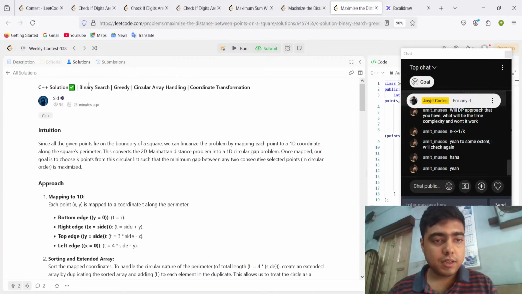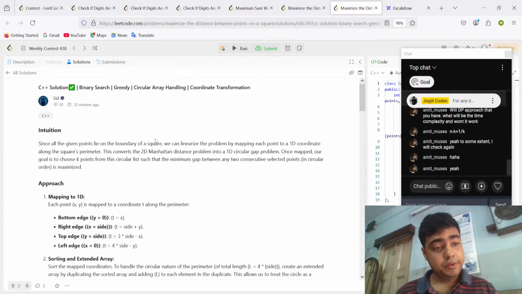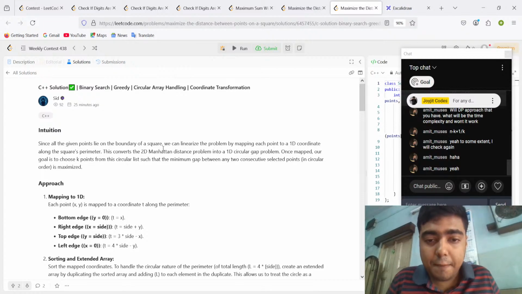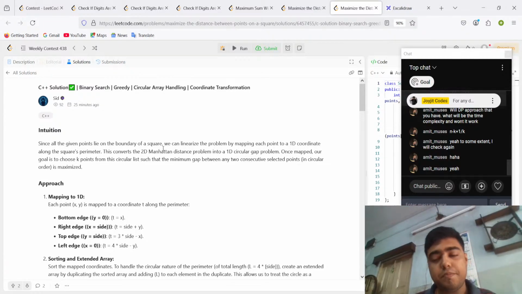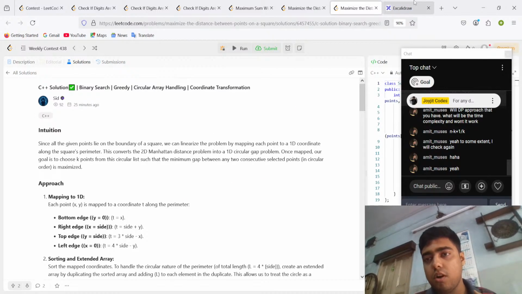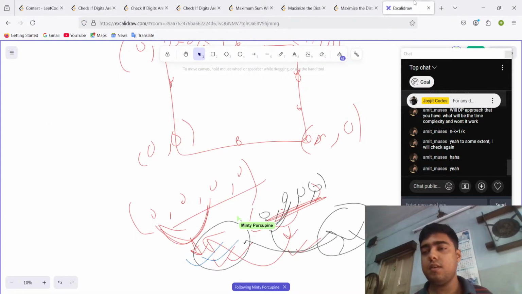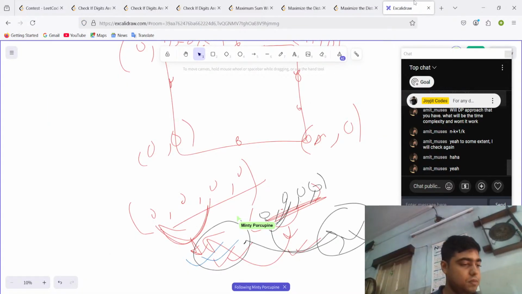Approach: binary search, greedy, circular array handling, coordinate transformation. Since all given points lie on the boundary of a square, we can linearize the problem by mapping each point to a 1D coordinate along the square's perimeter. Very good. What do we mean by that?